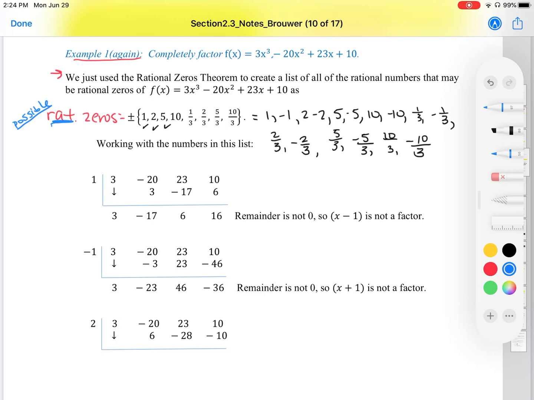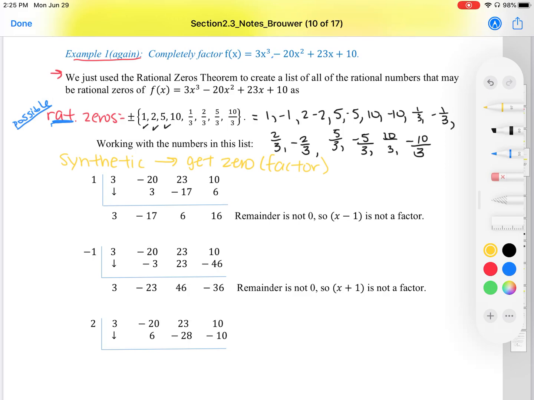All right, so how do we go about it? How do we know if something's a zero? Well, I can go through synthetic division, and your goal is to get a 0 at the end. Recall, if we have a 0 at the end, we know it's a factor. And if it's a factor, I have reduced my polynomial by 1 degree.